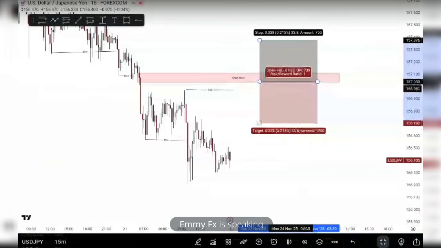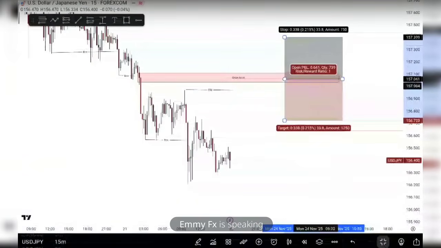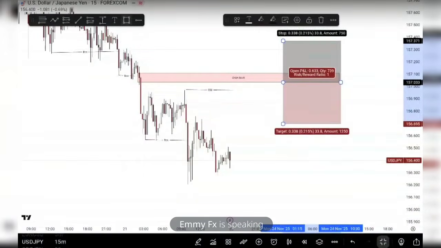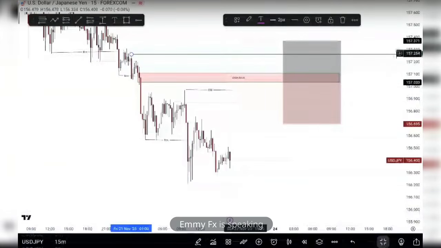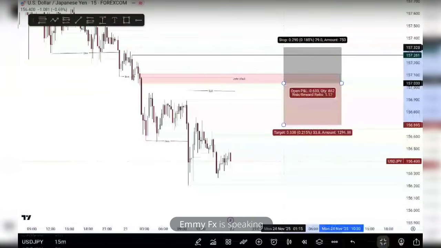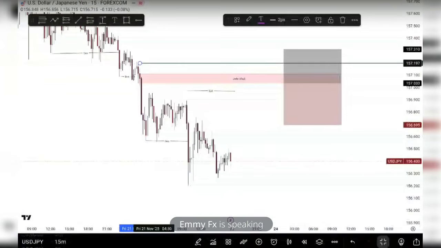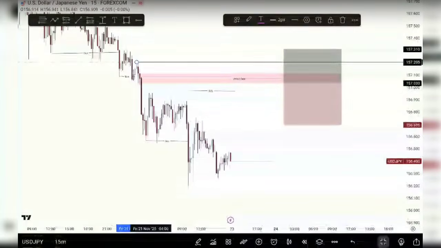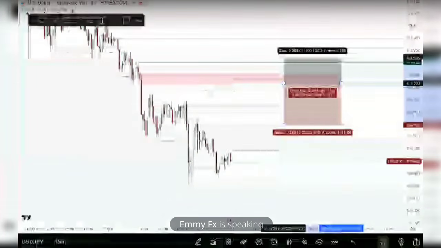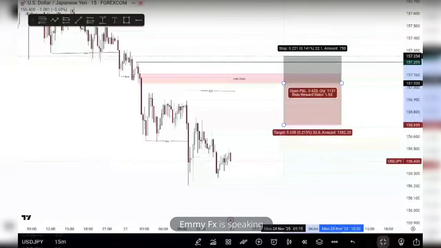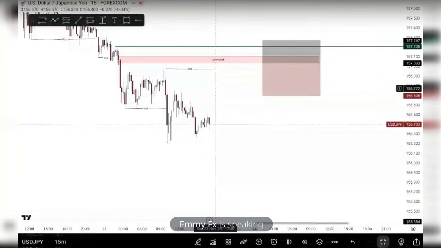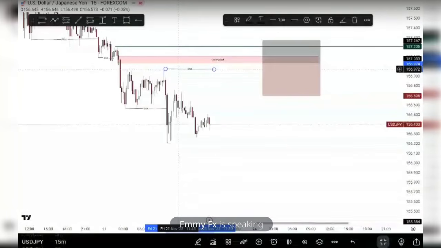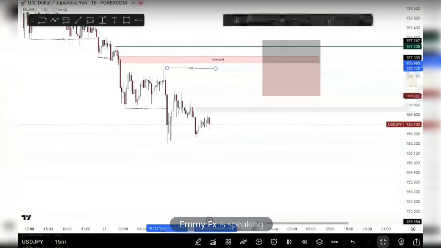Stop loss is going to be this zone. Our stop loss is going to be 23 pips away. Let's ride our USD JPY to the downside.